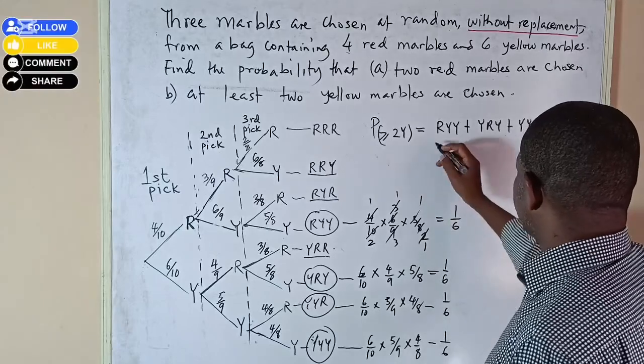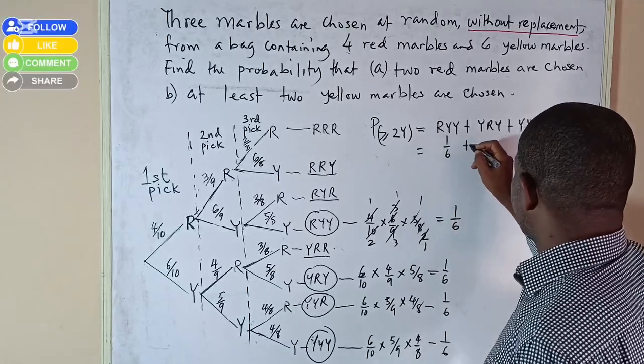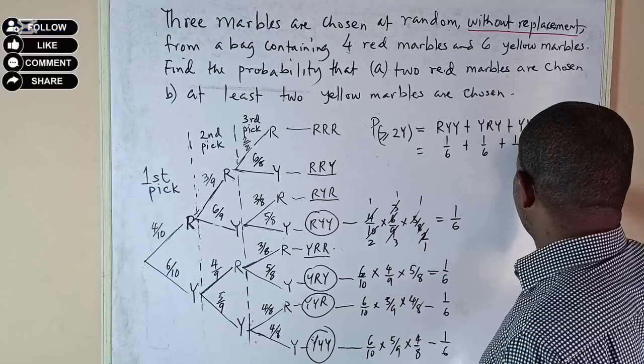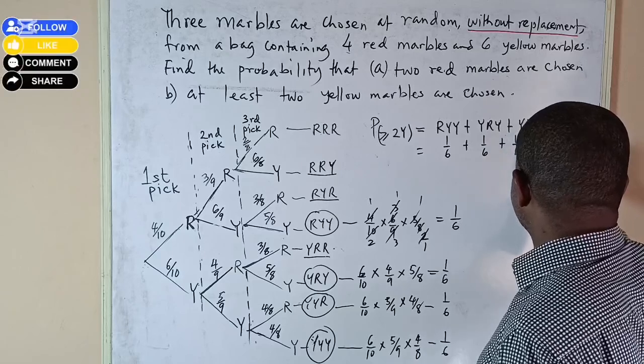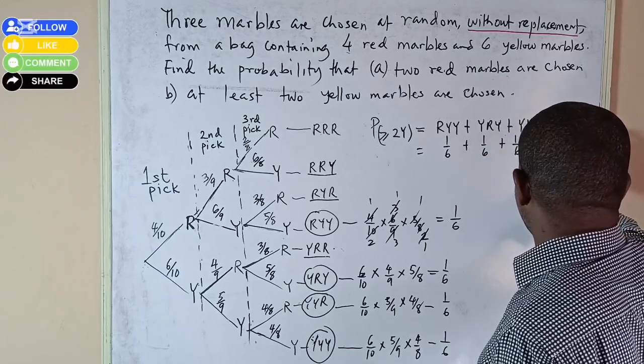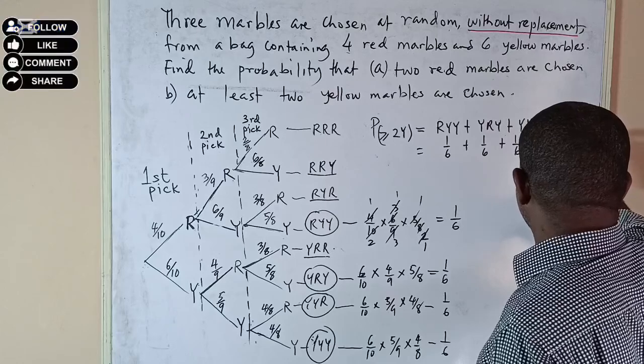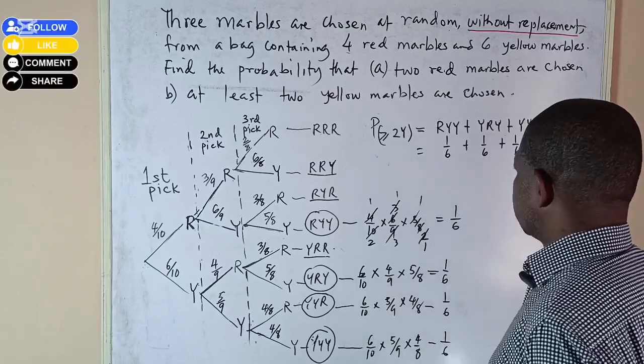Now, each of them is 1 over 6, so we have 1 over 6 plus 1 over 6 plus 1 over 6 plus 1 over 6, giving us 4 over 6 or 2 over 3.